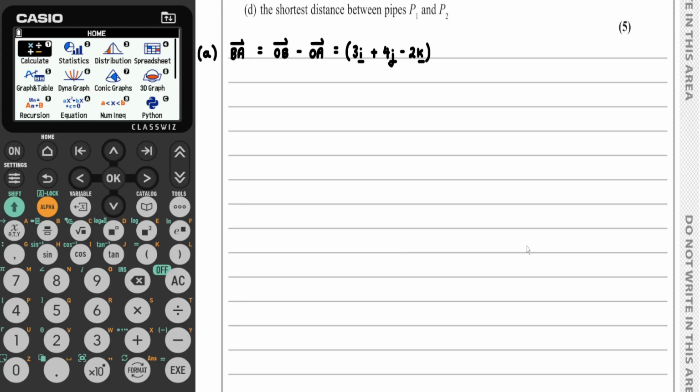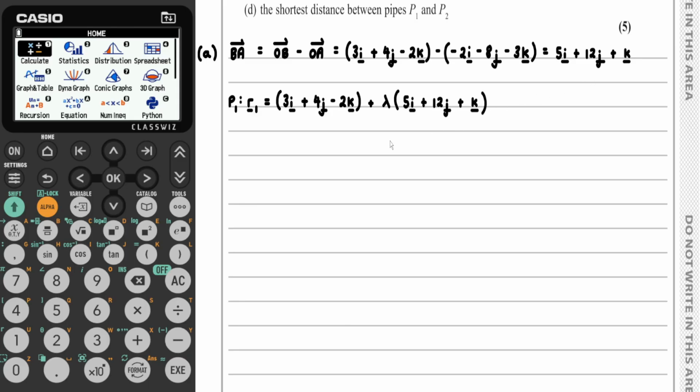So I've got 3i plus 4j subtract 2k, subtract negative 2i subtract 8j subtract 3k. And it turns out we get 5i plus 12j plus k. It passes through the point A with coordinates 3, 4, negative 2. So P1 would have equation r equals 3i plus 4j subtract 2k plus lambda multiplied by 5i plus 12j plus k.